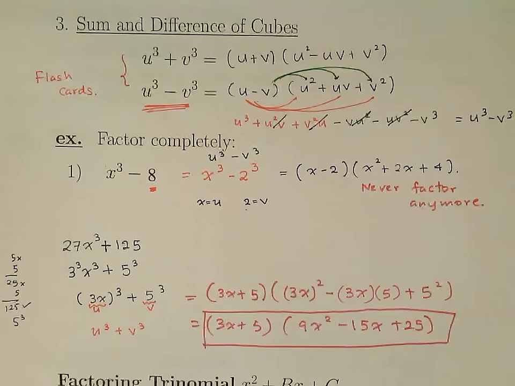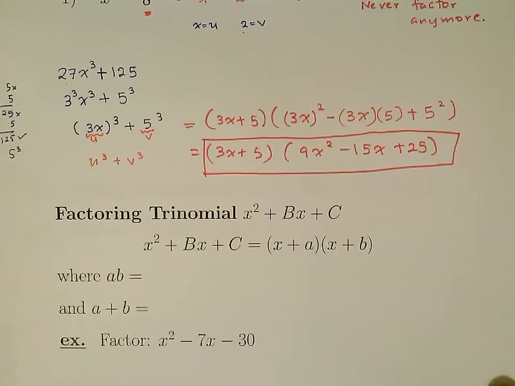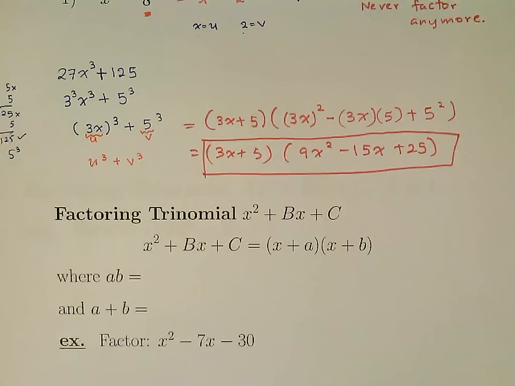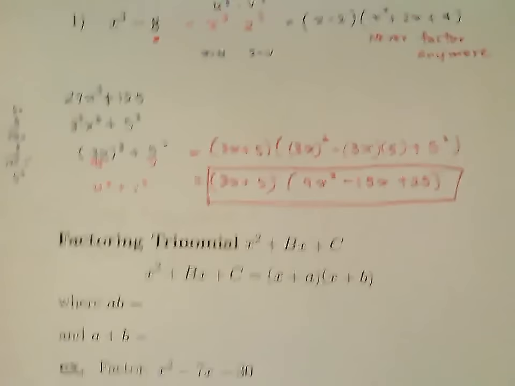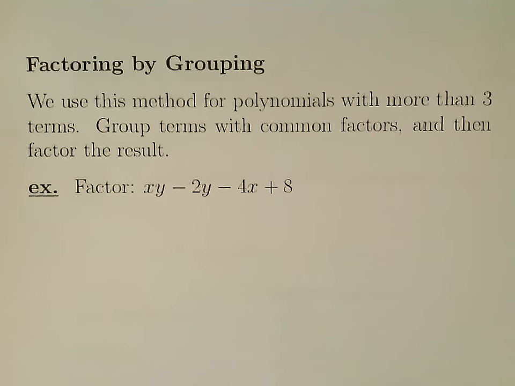Okay, so let's move on to factoring trinomials. Now, as you might have noticed, I skipped this in class and I went to factoring by grouping. So let us just revisit that. Okay, factoring by grouping.